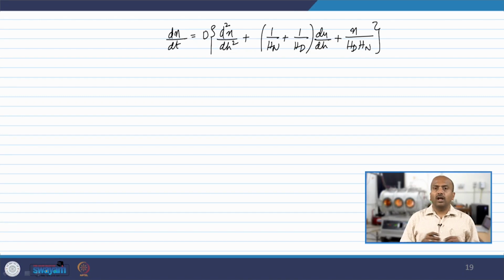Then we made an assumption: we will consider a particular height or a particular distance, and with respect to that we will try to evaluate the time evolution, right.